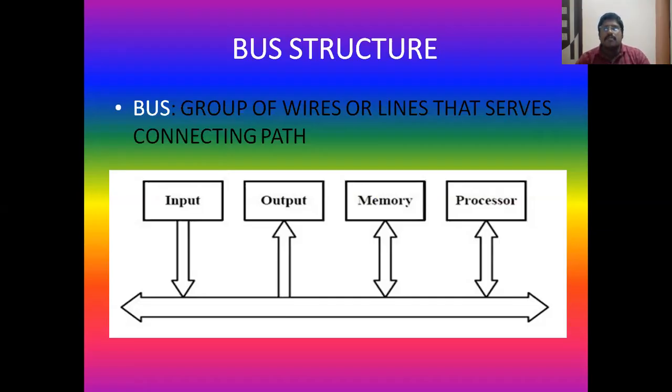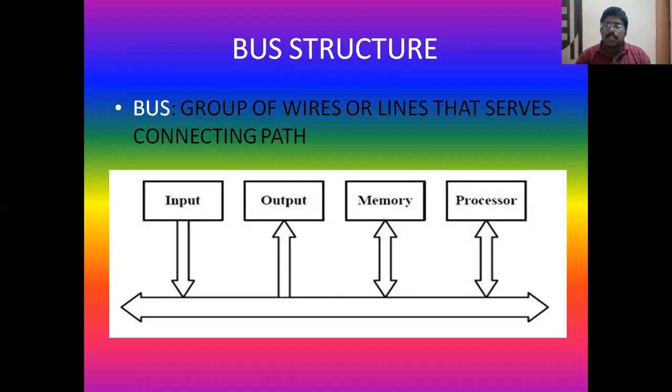The main purpose of the bus is transportation. It is used to transport persons from one place to another place. Here also the main purpose of the bus is transportation. It will send information from one place to another place. Based on that we have different types of buses: address bus, data bus, control bus, like that.